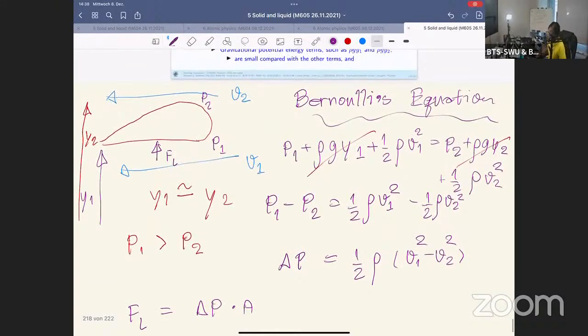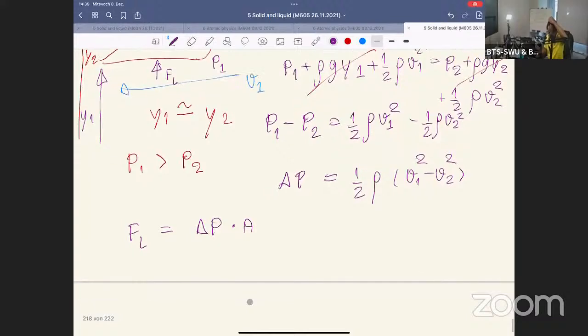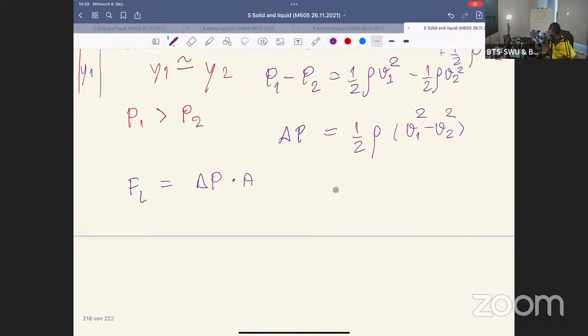If you have a bigger wing, you would have a bigger lifting force. It's linearly proportional, because it's the multiplication factor. You get delta P here and A here, and you could find FL, right?